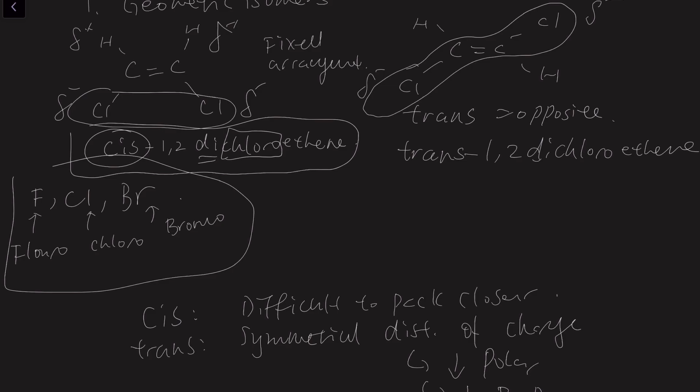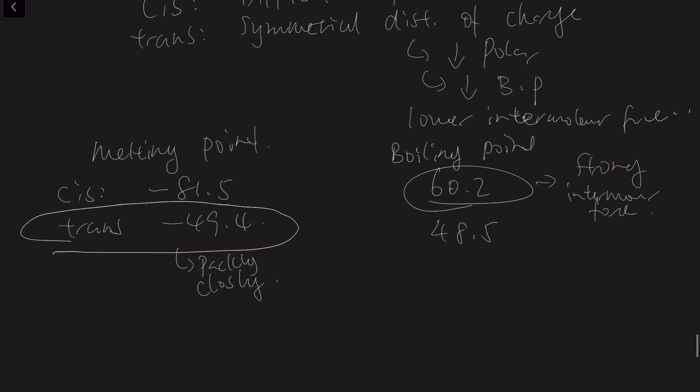So the chlorine side is partially negative, the hydrogen side is partially positive. So you have a stronger dipole-dipole interaction. And boiling point is the point you overcome the intermolecular force. So that's why it has a higher boiling point. But for the melting point, we really only look at how closely or how easily you can pack those two chemical species.